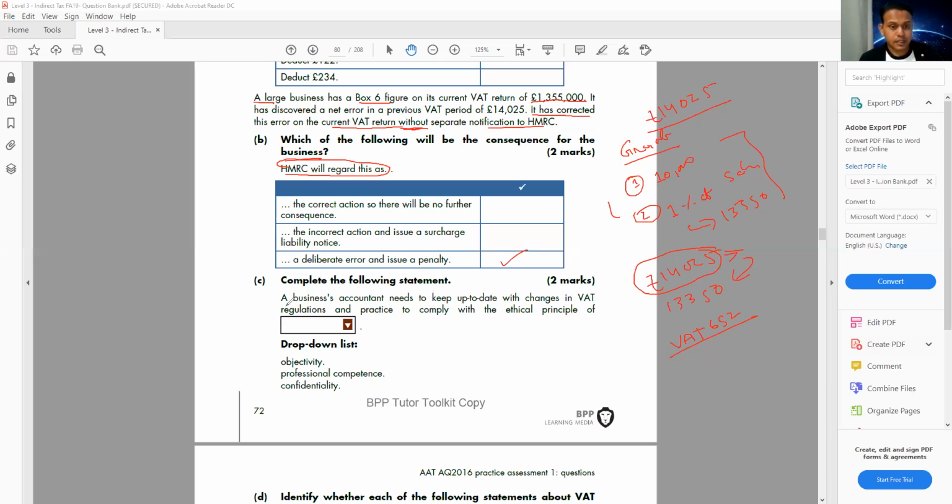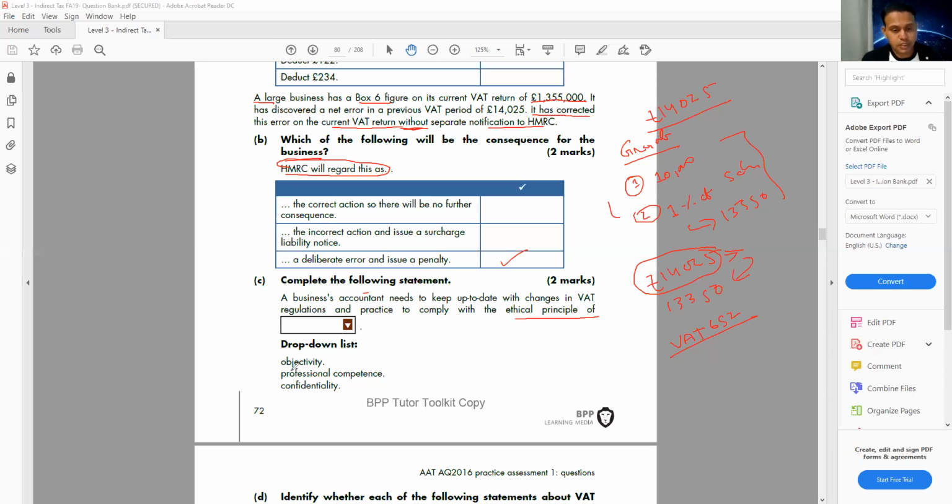Okay, let's have a look at the next one. Complete the following statement. A business accountant needs to keep up to date with the changes in VAT regulation and practice to comply with the ethical principle of what?